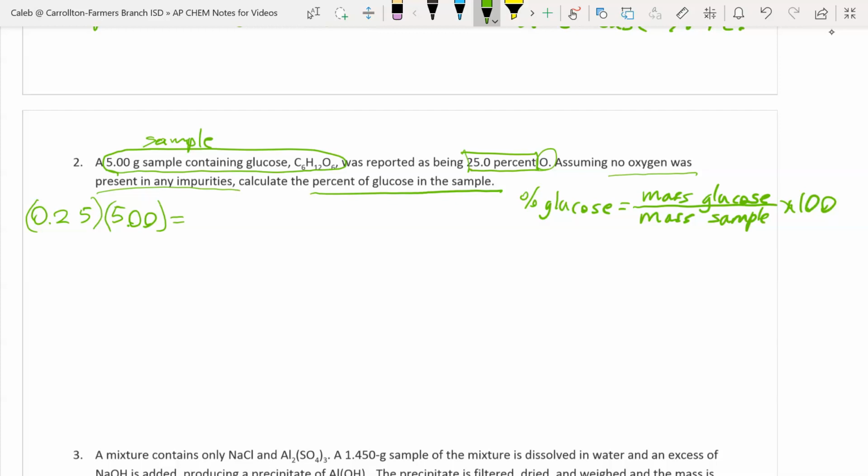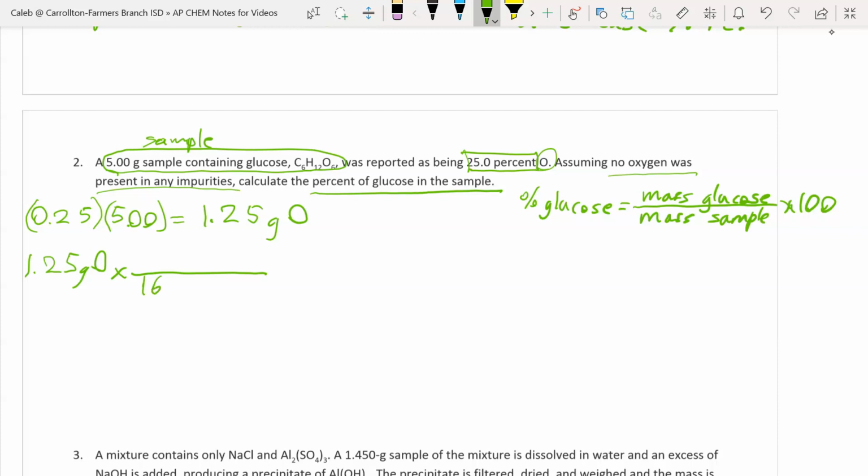So 0.25 times 5.00 gives you 1.25 grams of oxygen. Okay, I'm going to start with that.